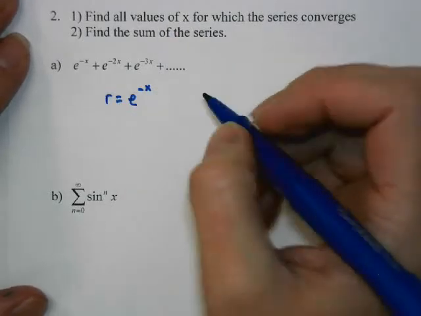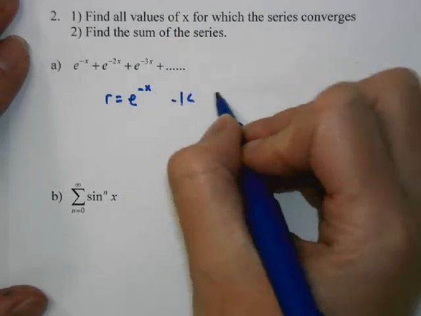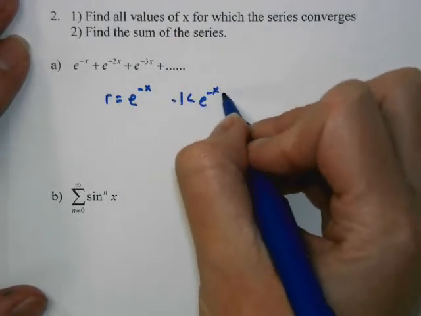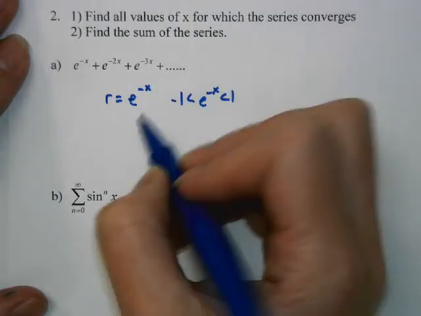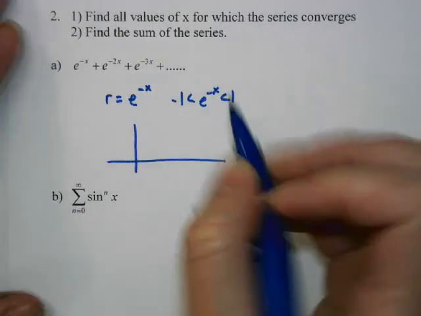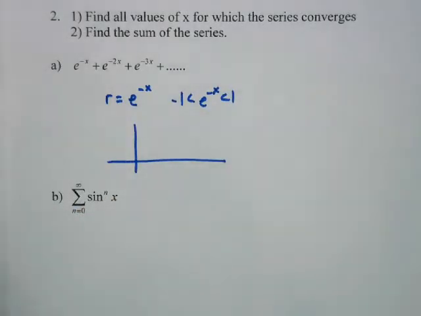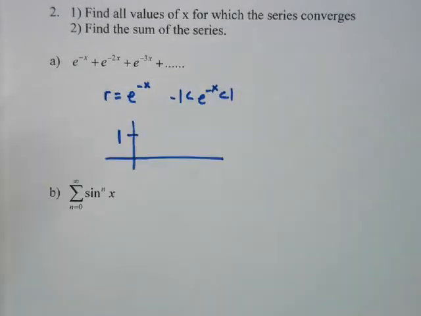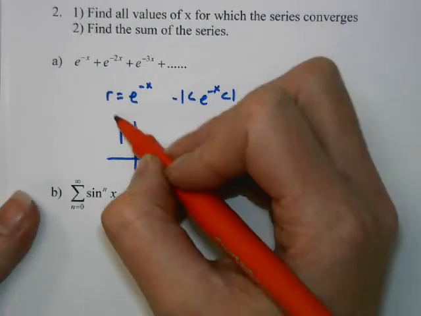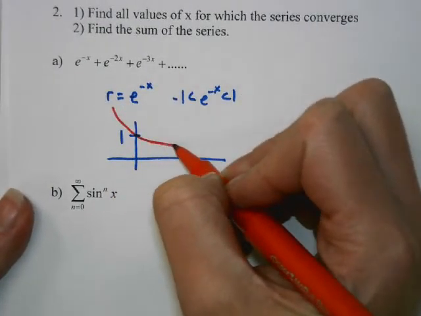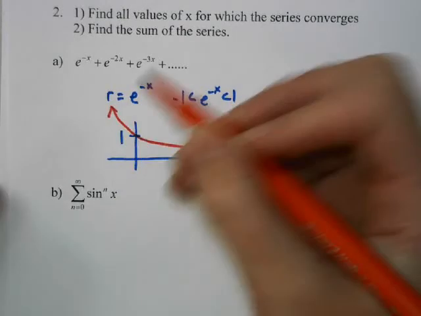Well, when is this between -1 and 1? Well, the graph of e to the -x, it's exponential, e to the 0 is 1, and then it's going to go like this.